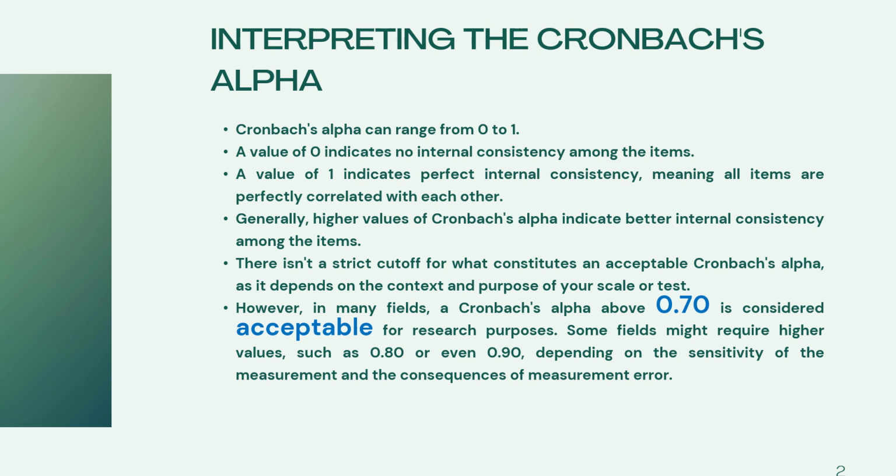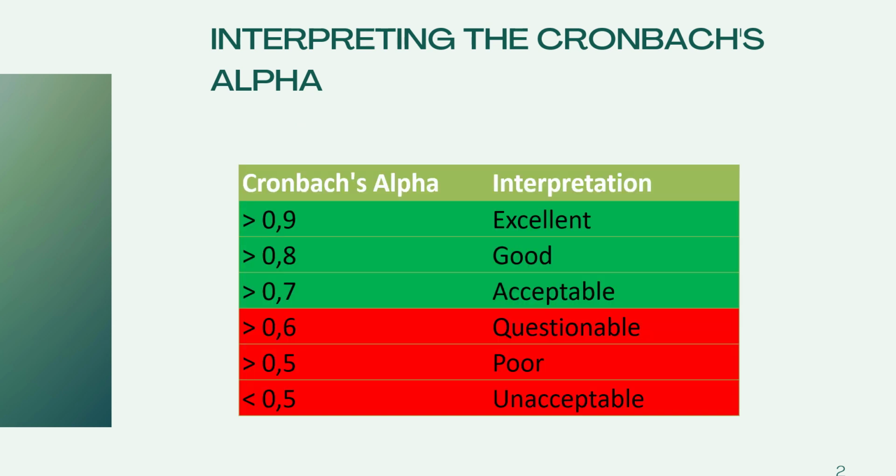There is no strict cutoff for what constitutes an acceptable Cronbach alpha, as it depends on the context and purpose of your scale or test. However, in many fields, a Cronbach alpha above 0.70 is considered acceptable for research purposes. Some fields might require higher values, such as 0.80 or even 0.90, depending on the sensitivity of the measurement and the consequences of measurement error.